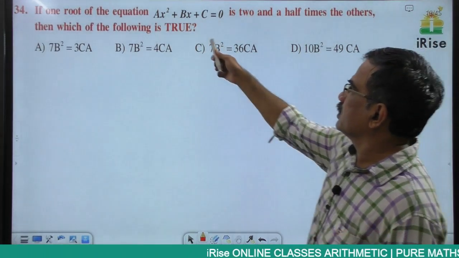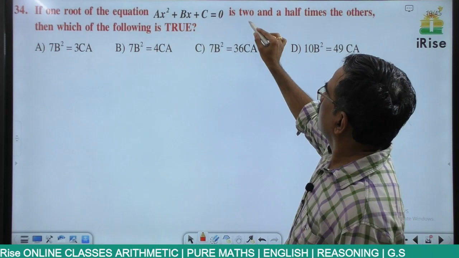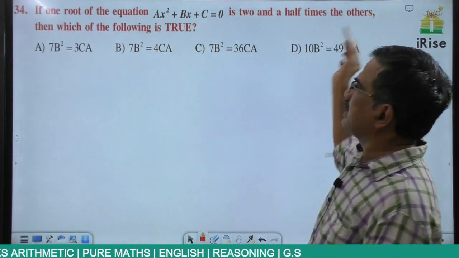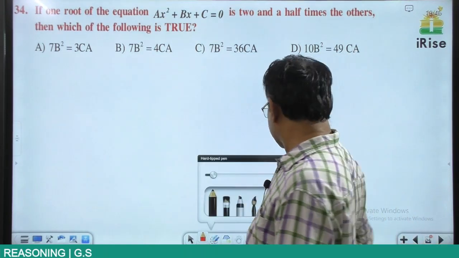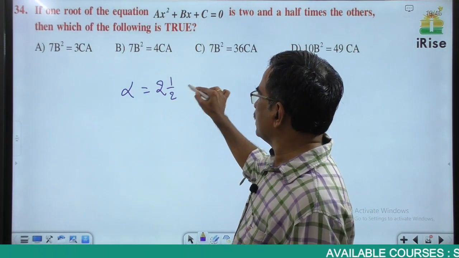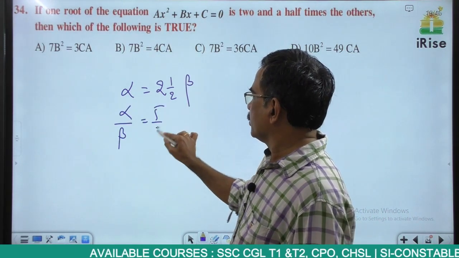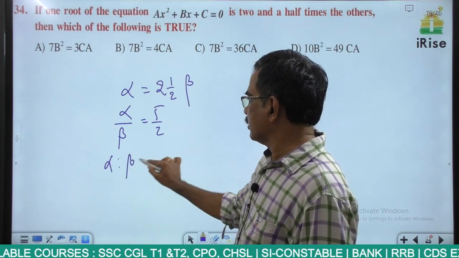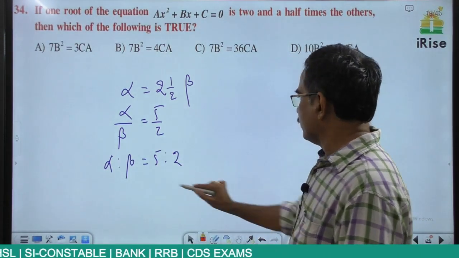If one root of the equation ax square plus bx plus c is 2.5 times the other. One root is 2.5 times the other. That means if alpha is equal to 2.5 times the other, then what is alpha by beta? 5 by 2. What is alpha is to beta? 5:2. That means the roots are in the ratio 5:2.